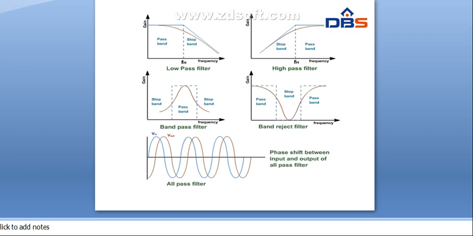So the band pass filter passes some band of frequencies and attenuates the remaining frequencies. It passes the frequencies between FL and FH. So that's why the bandwidth is FH minus FL.